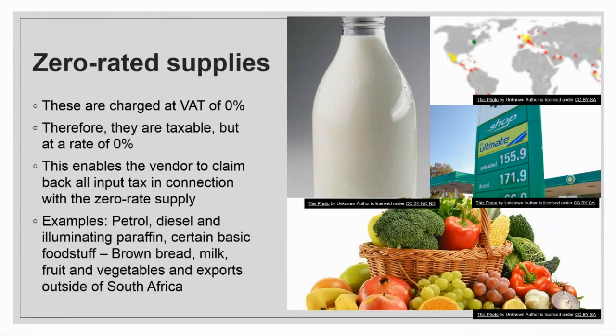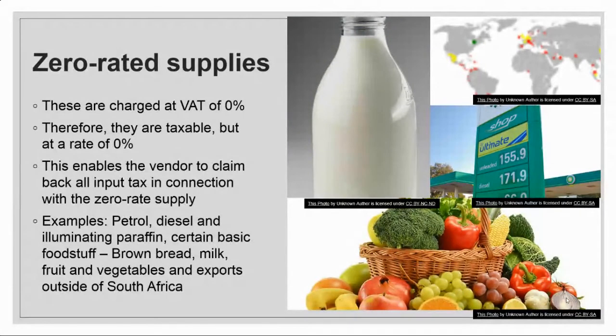Now, examples, and you can find this in your textbook under point 2.10, are, for example, petrol, diesel, illuminating paraffin. The exception to the petrol rule is if it's an airplane's petrol, that is actually standard rated.